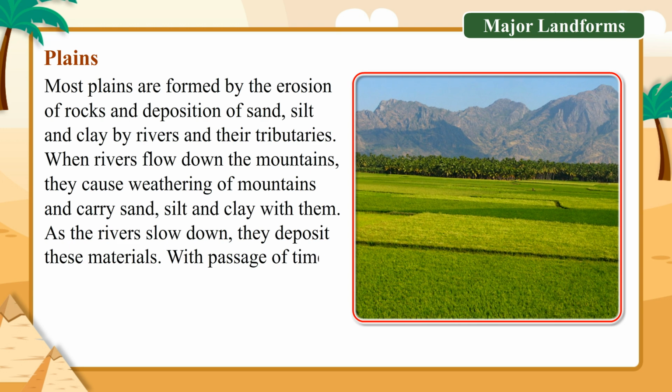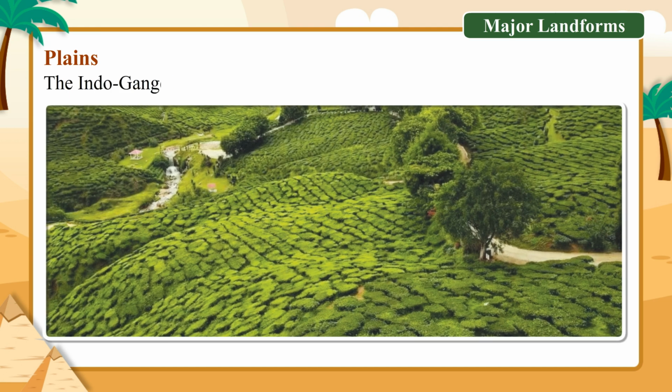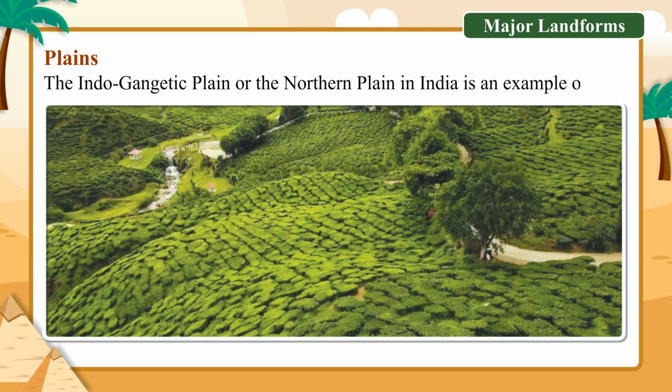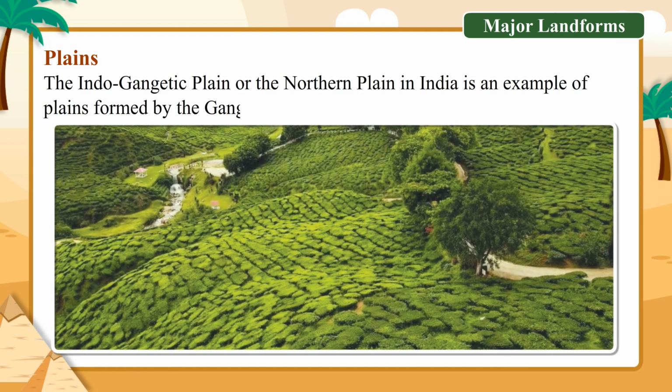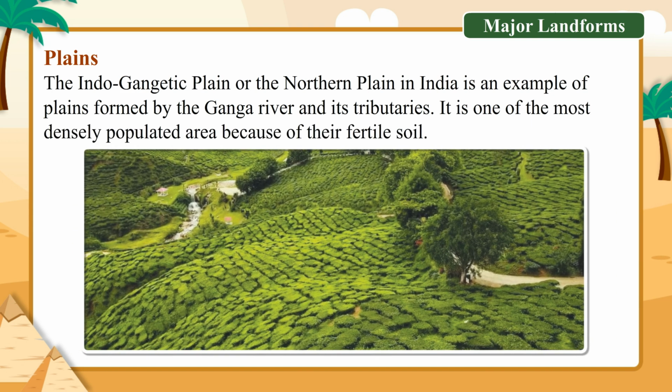With passage of time, these deposits get converted into fertile plains. The Indo-Gangetic Plains or the Northern Plains in India is an example of plains formed by the Ganga River and its tributaries. It is one of the most densely populated areas because of its fertile soil.